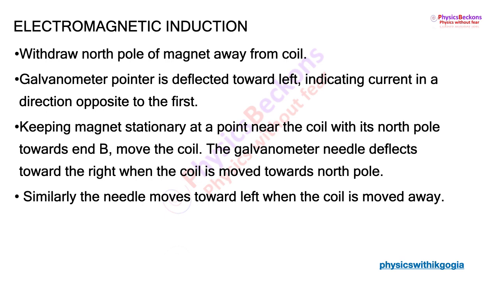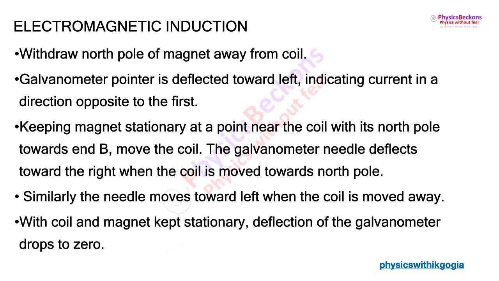Now, one very important observation which you need to make is that the deflection lasts as long as there is actual relative motion between the coil and the magnet. With the coil and magnet kept stationary, deflection drops to 0, indicating that there is no current.